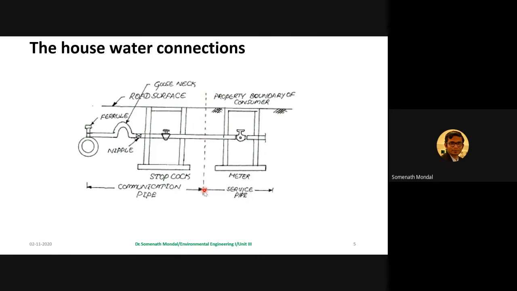This is the bottom part of the boundary wall, which is within the ground, and this is an imaginary line separating both the premises. This is the property boundary of the consumer, and we have the water meter here and the stopcock over here, often attached close to each other in a common housing. This is the communication pipe, and this is the service pipe.